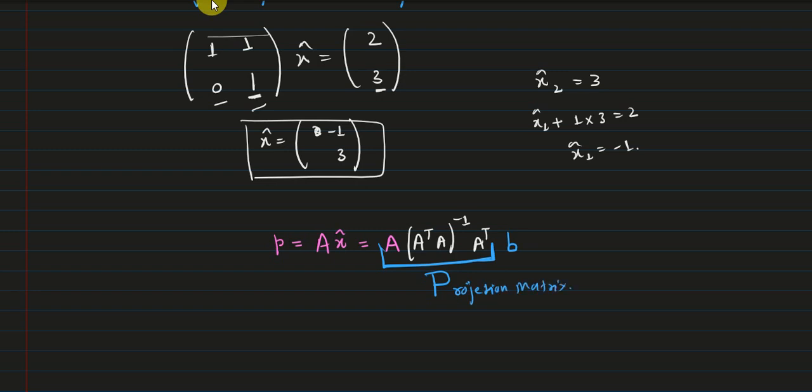So the projection matrix P is equal to A (A transpose A) inverse A transpose.